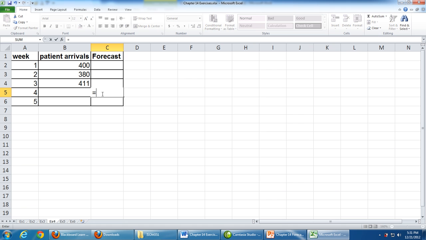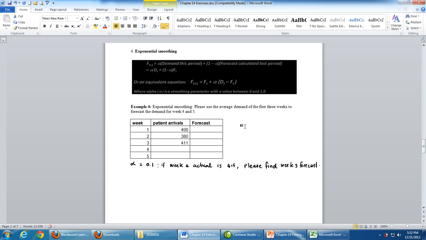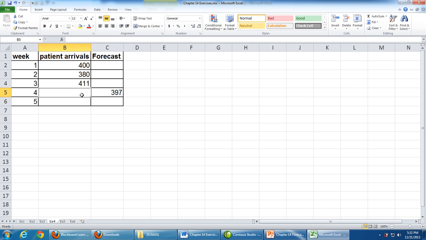We are going to use the last 3 week average, that is forecast for 4, and week 4 has actual demand of 415, and alpha 0.1.